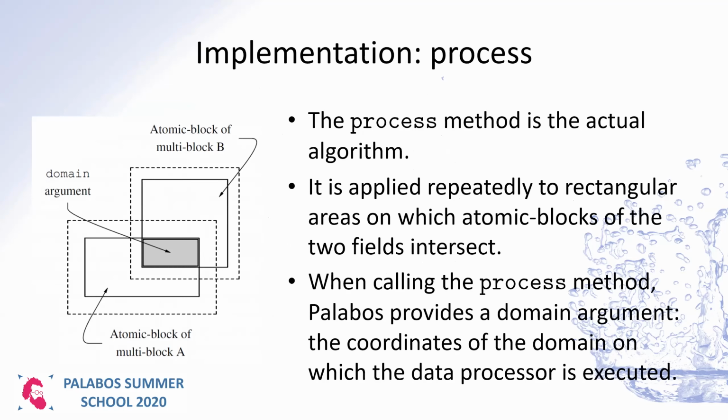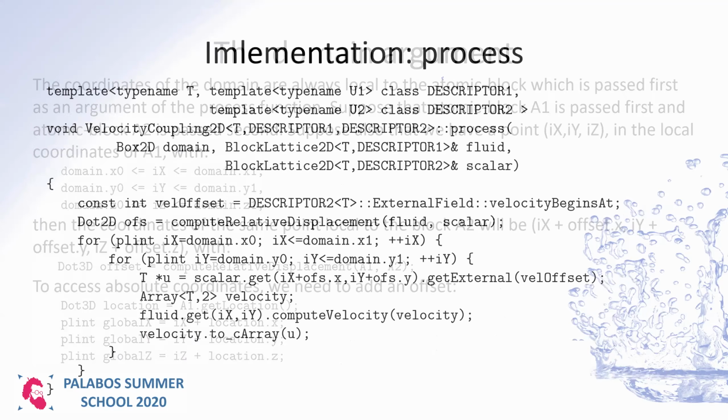This gray area does not contain the envelope. So your data processor only writes into the bulk, but it can read from the envelope. And it has the guarantee that the data which it reads from the envelope is correct, because the envelope has previously been updated by Palabos. Okay? Thank you. You're welcome.